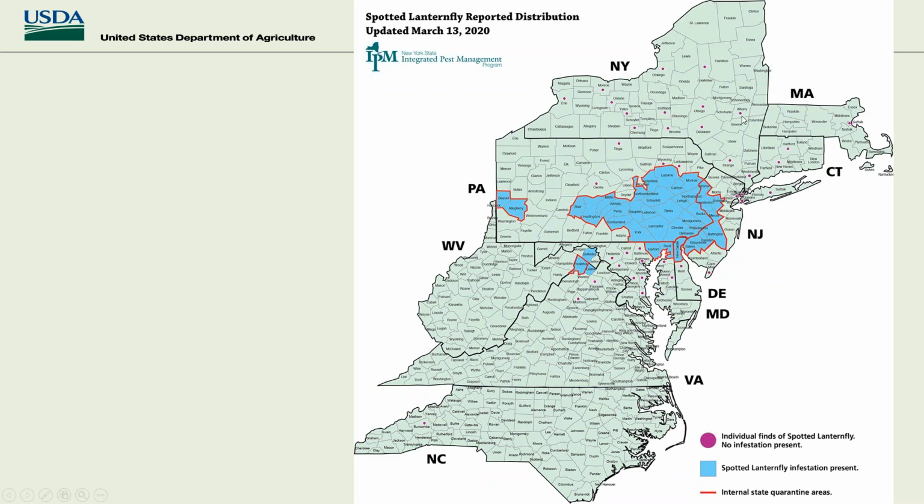Those are transitory incidences where there's adults or life stages of lanternfly that have been found, but no established populations that we know of yet. And actually we have one way down in North Carolina as well. So it's a pretty scary picture of how fast and easy this insect can move.